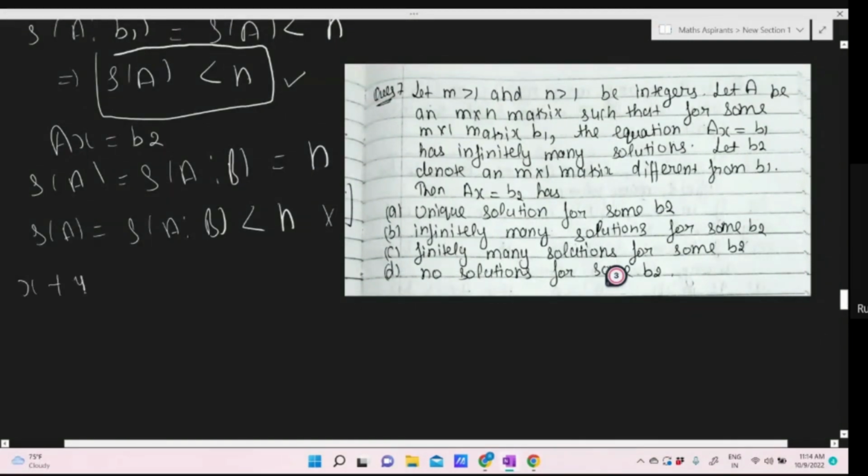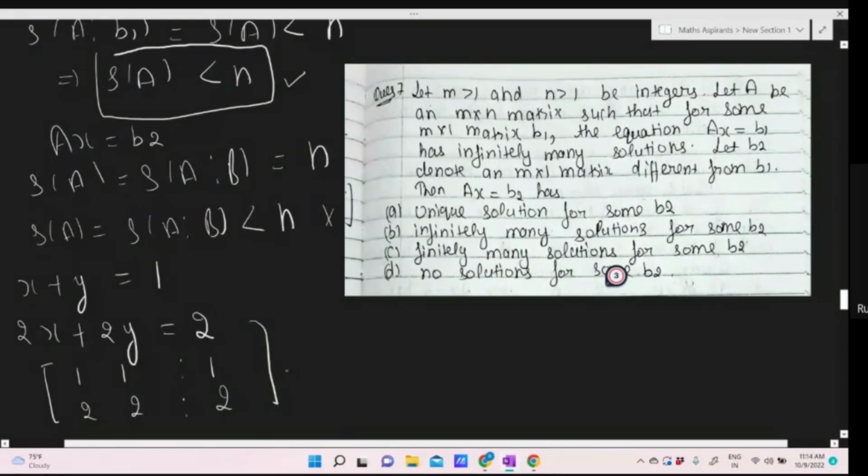That is, take the system x plus y equals 1, 2x plus 2y equals 2. The augmented matrix of this system is 1, 1, 1, 2, 2, 2. Here you can see that rank of A is strictly less than n, that is, strictly less than 2.